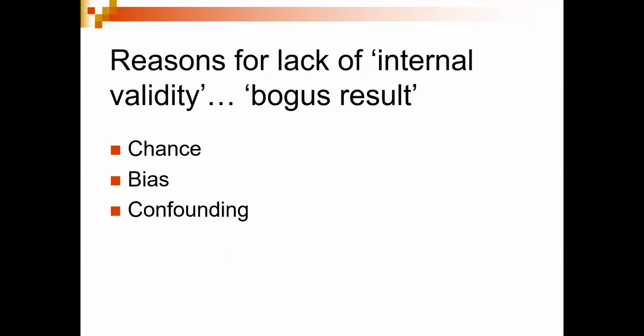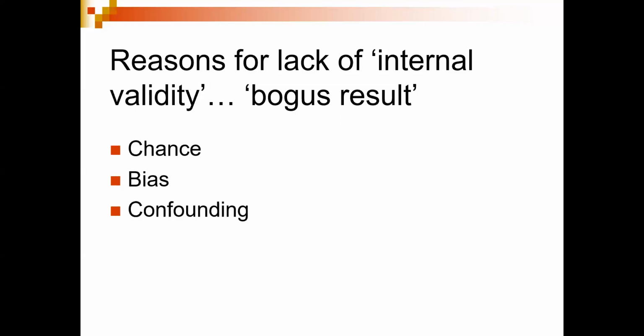There are several reasons which might really cause a bogus or fake result. What are some of these? The first one is chance. Something might happen just by chance. If you throw a dice, or you're picking things where there's an equal chance of being picked, you can get a result which is correct or incorrect just by chance.